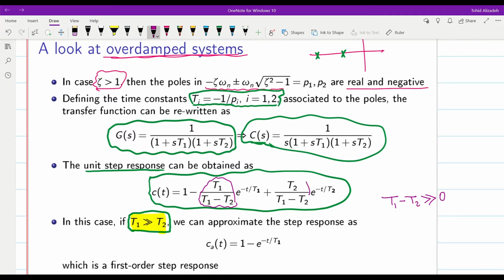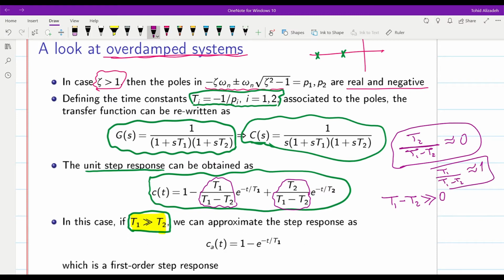On the other hand, the term that we have here, T2 over T1 minus T2, could be approximated by 0, because T1 minus T2 is much bigger than T2. So this term will be approximated as 0, and T1 over T1 minus T2 could be approximated as 1.